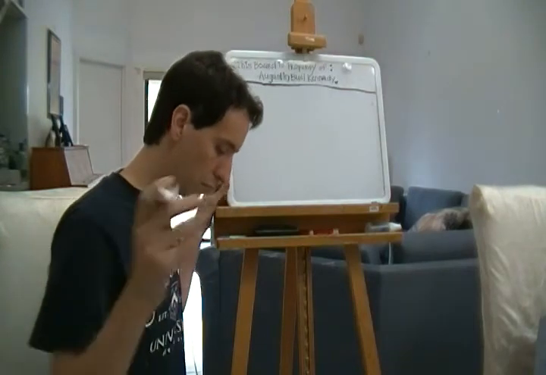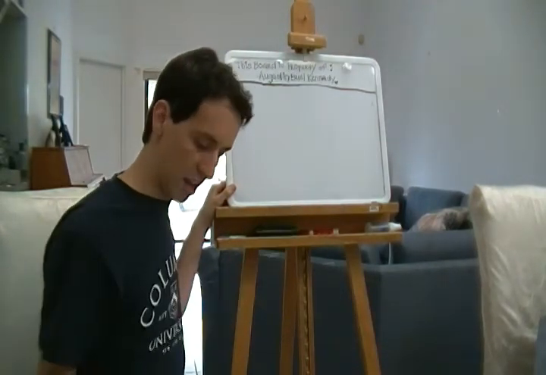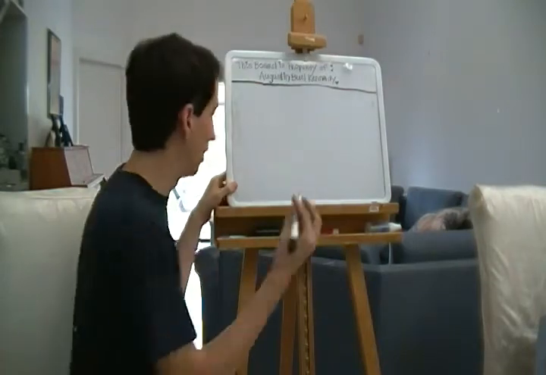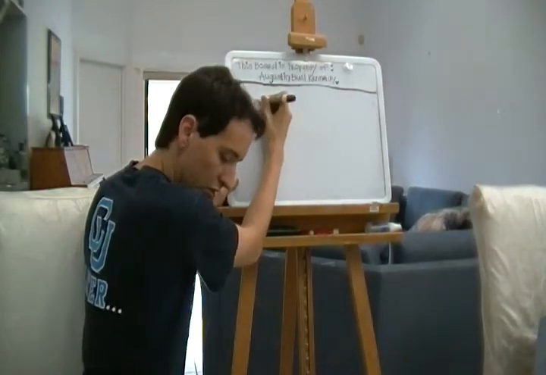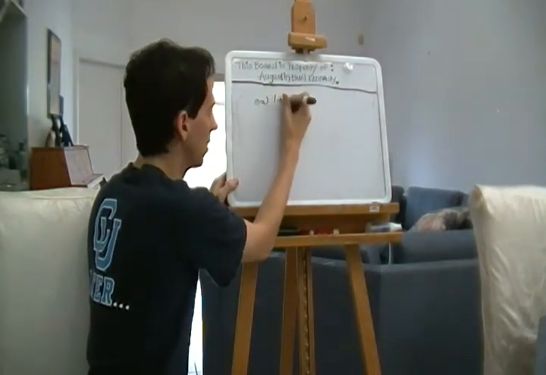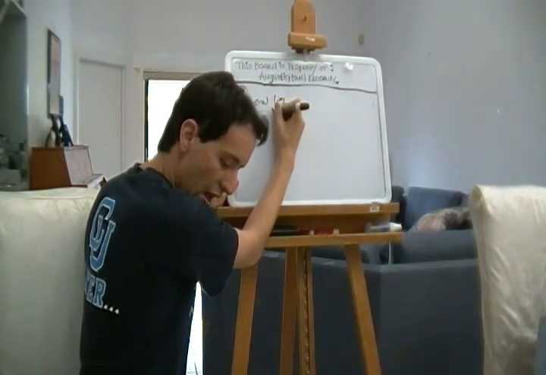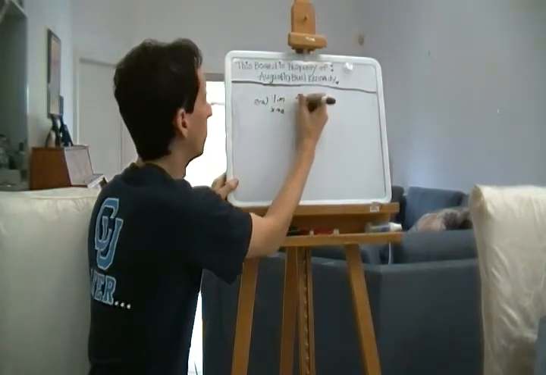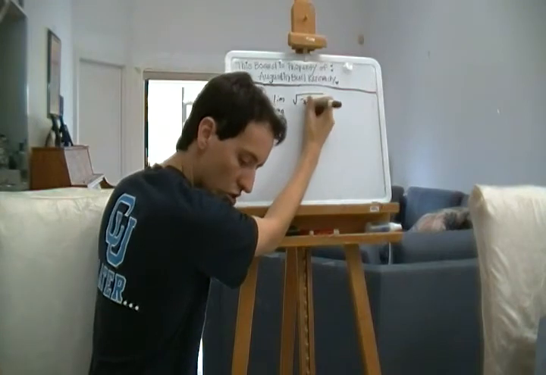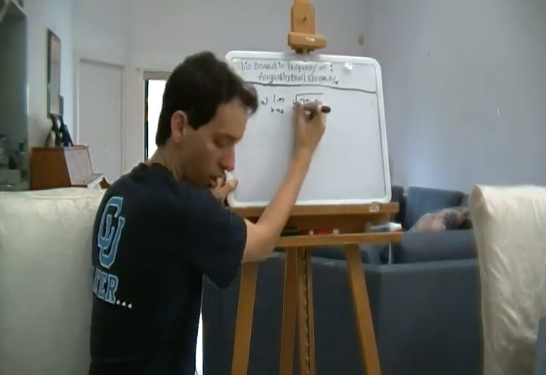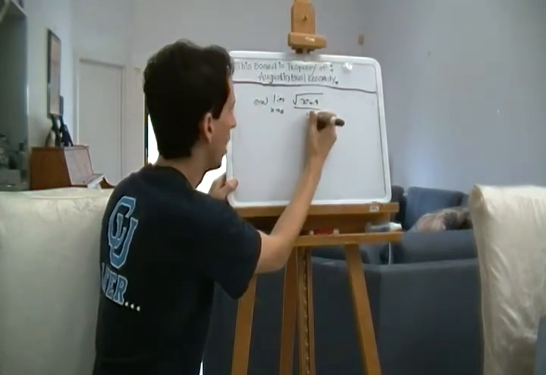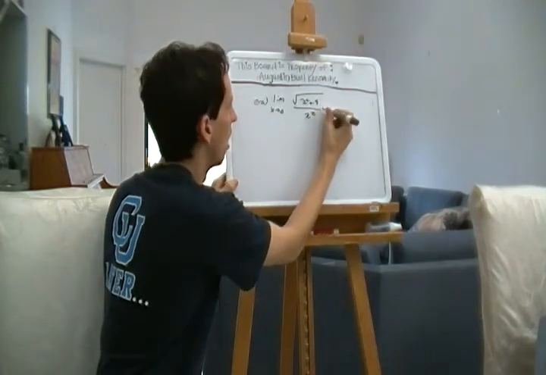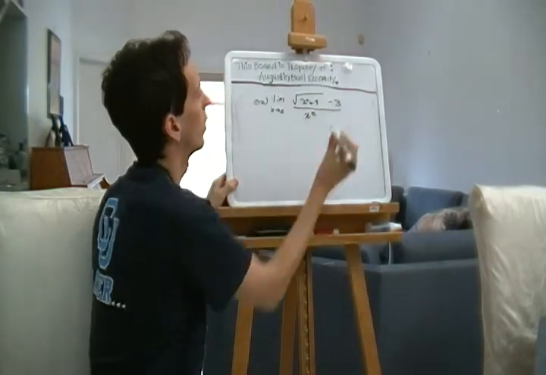Basically, here's an example of something that's kind of tricky. We're going to find the limit as x approaches 0 of the square root of x squared plus 9, and then put a negative 3 up in the numerator, over x squared.